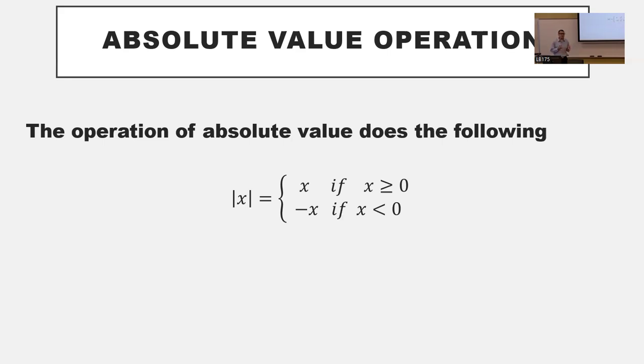If x is a positive number, then taking the absolute value of x is just like having x by itself. The absolute value of positive 6 is 6. The absolute value of 942 is 942. If I have a positive number, the absolute value of that number is just the number itself.